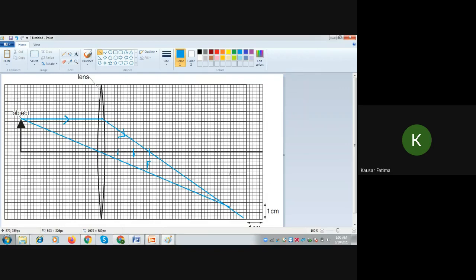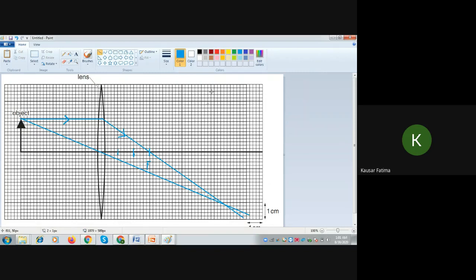That will be the position where the image is formed. It means the image is formed here at this point, and I have to elongate a little so that my intersection point is clear.